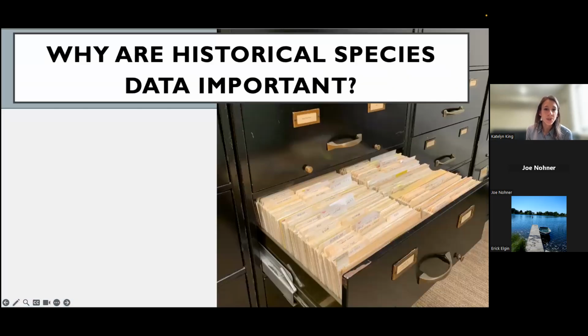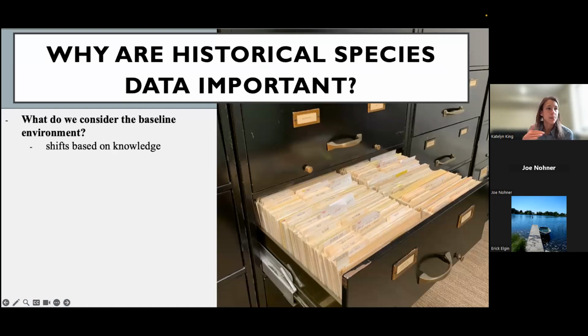So historical species data could be really important in looking at trends over time. If we think about comparing the current species distribution to some sort of baseline, we can only have that baseline depending on where our current knowledge is at the moment.